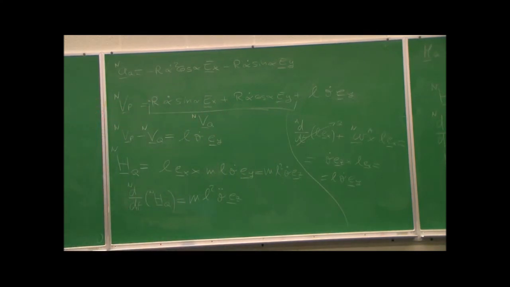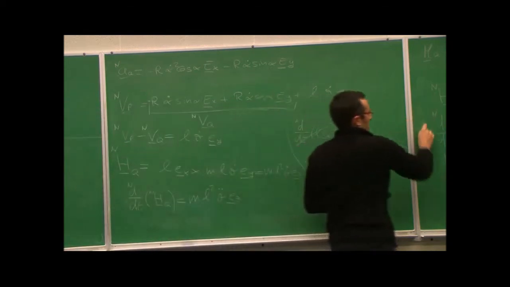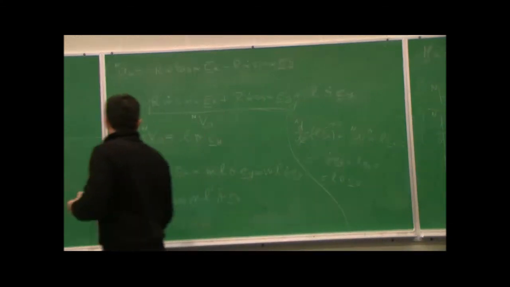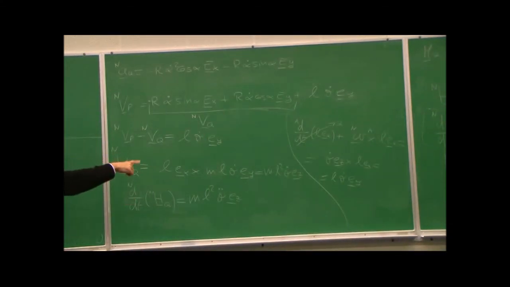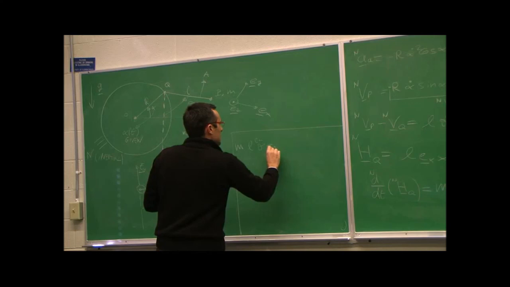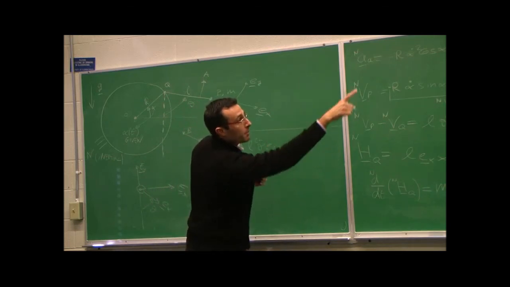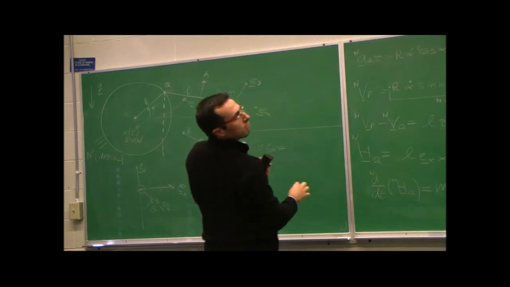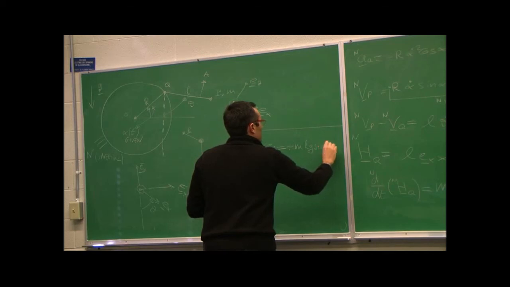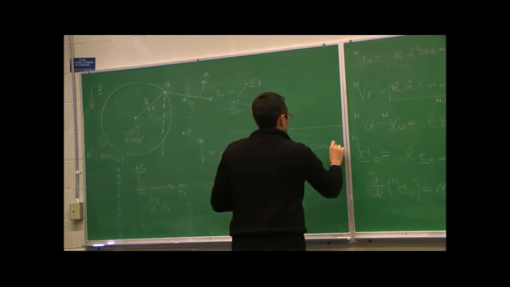So at the end of the day, your equation of motion is coming from this one, of course, right? That's where it's coming from. The second time derivative of theta is here. So you will have an equation that will look like this. ML squared theta double dot EZ is equal to M of Q minus MLG sine of theta EZ.